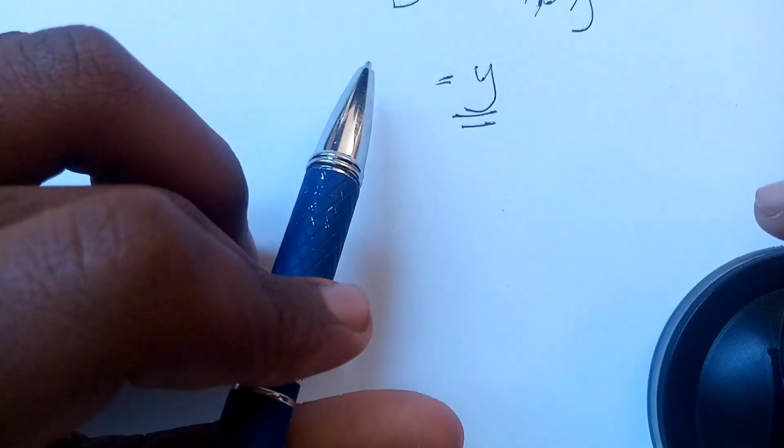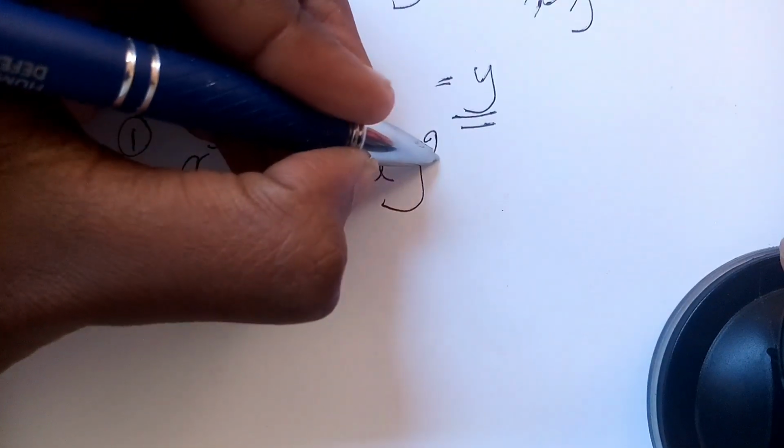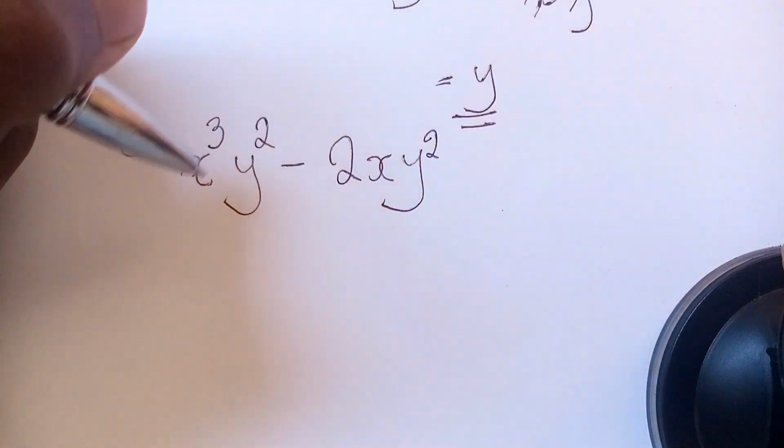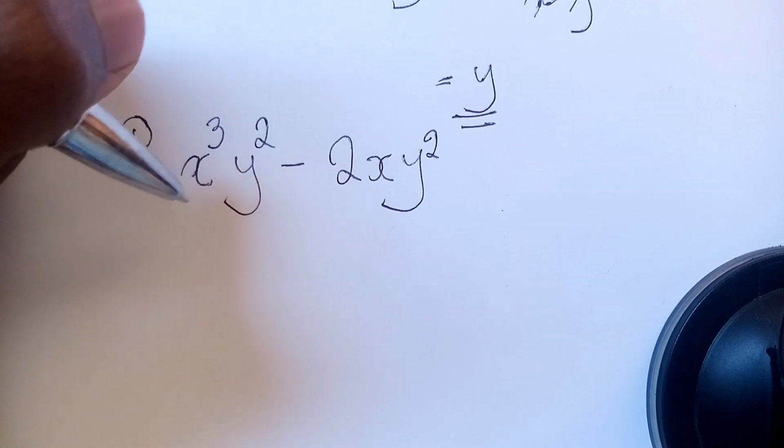Now, since we now know how to factorize, let me give you some little questions. Number one, what if we have an expression as x cubed y squared minus 2xy squared? If we were to factorize this, we get the common factors.